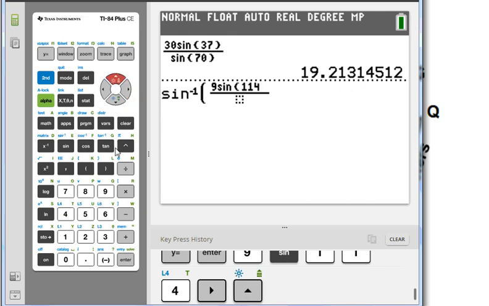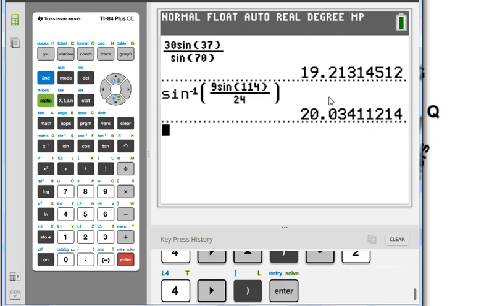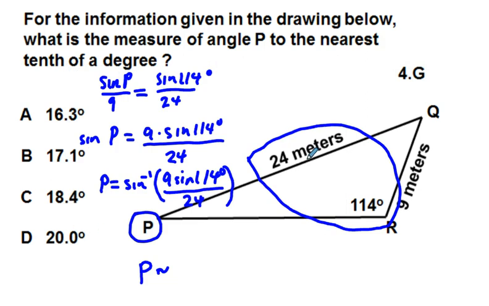Let me make sure I got a closing parenthesis, over 24. And let's see what we get here. 20.03 degrees. Which is closest to answer choice D.